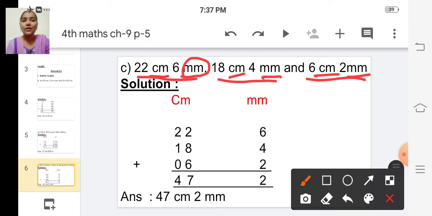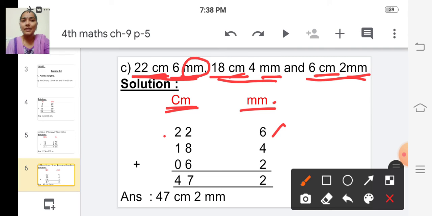Okay, so first length is 22 centimeter. So first you have to write centimeter, millimeter. Okay, and then you have to write their values one by one. Okay, first one is 22 centimeter. So below centimeter you have to write 22. And 6 millimeter. So below millimeter you have to write 6. And in the second length 18 centimeter.